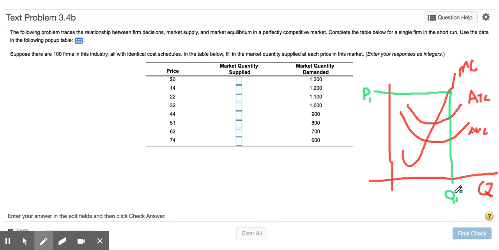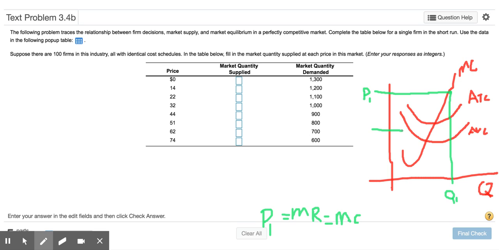The quantity that maximizes profit is where marginal revenue is equal to marginal cost. In a perfectly competitive market, marginal revenue is equal to the price. It's equal to P1 in this case, right? So in this case, this company will have a positive profit, and it should produce in the long run and in the short run. But we explored several scenarios.